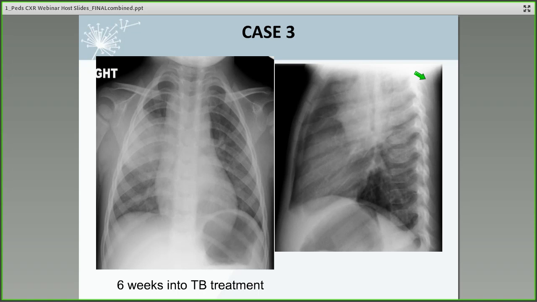The way I think about it is as we give the TB drugs, we're helping kill the organisms. And now the immune system, which really had been struggling, and TB is one of the many infections that suppress the immune system, can flourish. And what happens is those lymph nodes get bigger. Very, very common. So I don't do anything about it if the child is clinically thriving and they're well and they're not struggling to breathe.